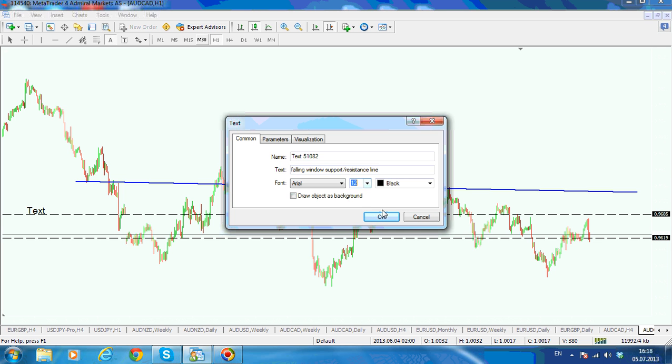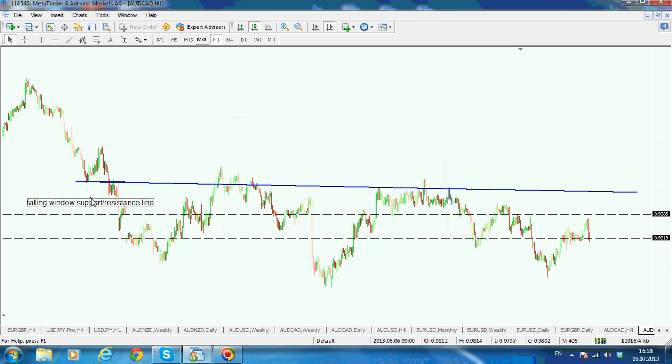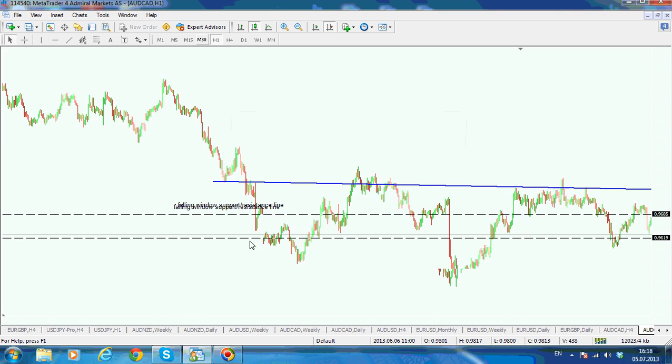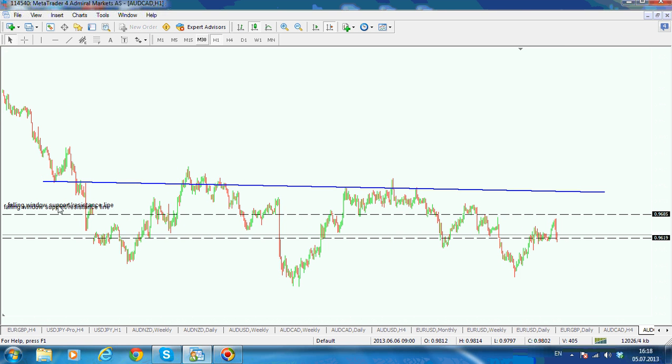So look at what price will do around these lines, because they are extremely important in terms of support and resistance. So the first one here and this one as well.